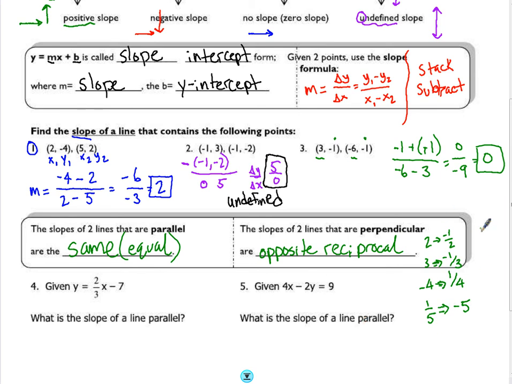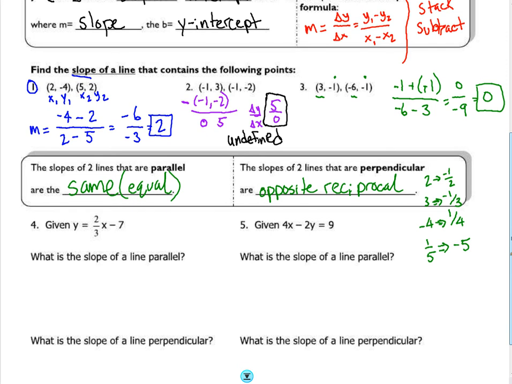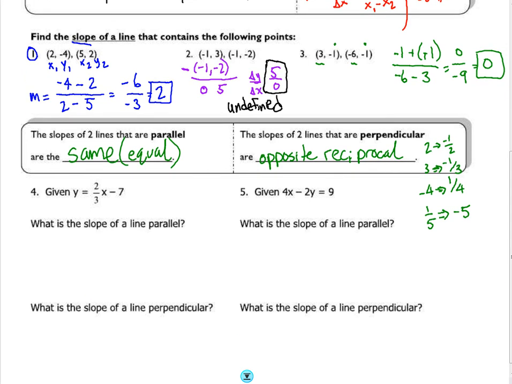So let's look at a couple examples here together. Again, anytime you can always pause, try it out, and then follow along with me. So what is the slope of a line that's parallel to the given line? So if this is in slope-intercept form, y equals mx plus b, the m would be equal to 2/3. And because the slopes of parallel lines are the same, I'm going to stay with those 2/3.